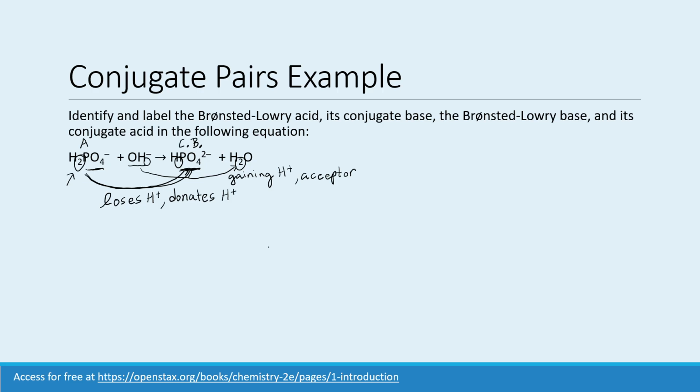Okay, and if it's the acceptor, by definition, that makes it the base. And that's just to double check. Once you have determined that H2PO4 negative, that phosphate ion is your acid, then the other one must be your base. Okay, and your base has to form your conjugate acid.